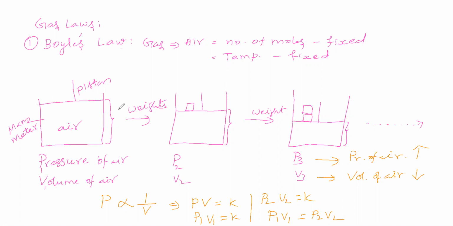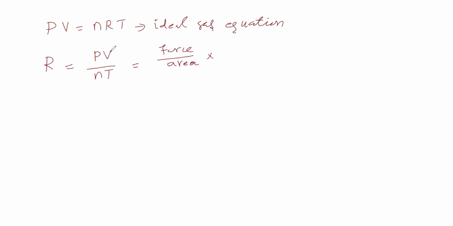What is the change in volume? Shall we say the change in volume is the area of the piston into displacement? So now we take volume as area into displacement.